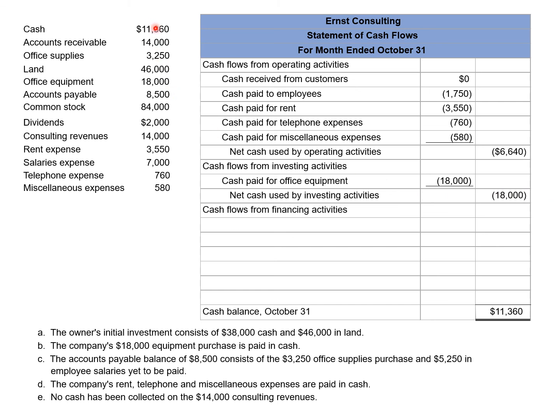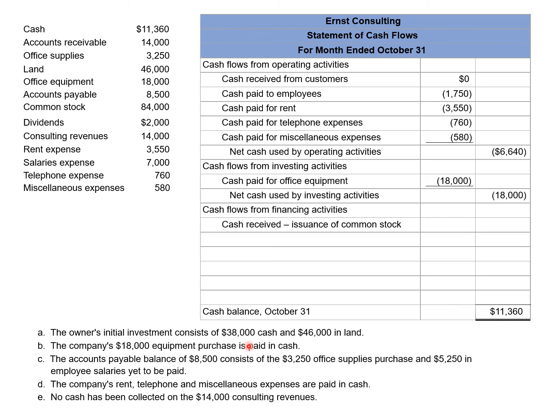And so then if we go back to our accounts here, we've got common stock and dividends, which are equity related accounts. And equity related accounts belong in our financing section of our cash flow statement. So the common stock, we received cash when we issued this common stock. And if we assume we received $84,000 of cash in exchange for that common stock, in letter A, they tell us that the initial investment was a combination of cash and land.